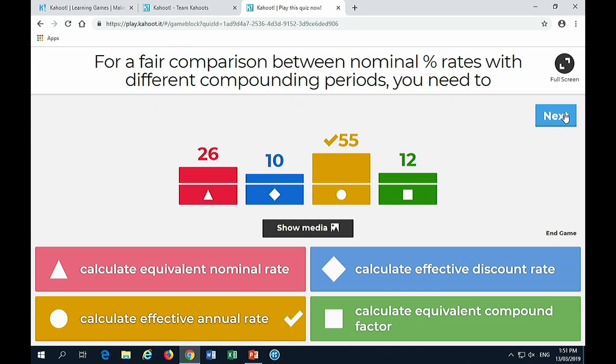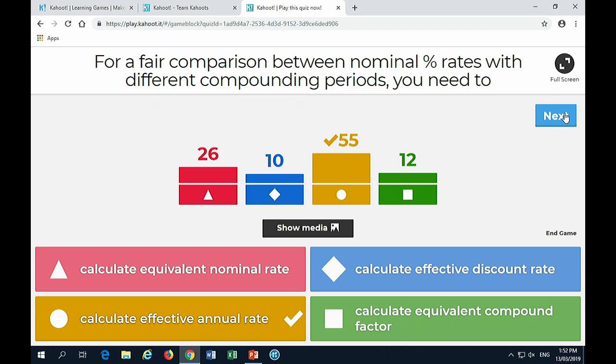For an option with compounding only once per year, if annual compounding, if m equals 1, nominal is always going to equal effective.